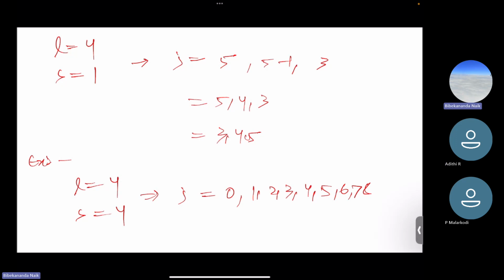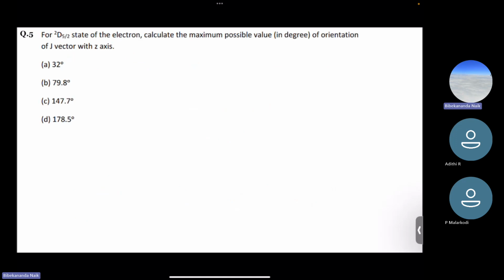Yes, sir. Okay, so we'll move to the fifth question. The question says, for 2D 5 by 2 state of the electron, calculate the maximum possible value in degree of orientation of vector J with Z axis. Options are option A 32 degree, option B 79.8 degree, option C 147.7 degree, and option D 178.5 degree.